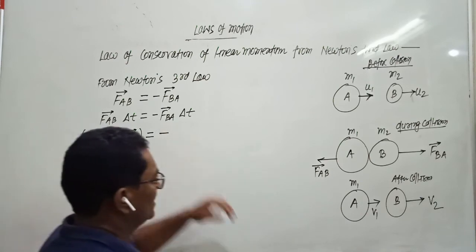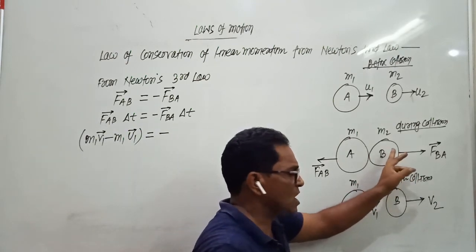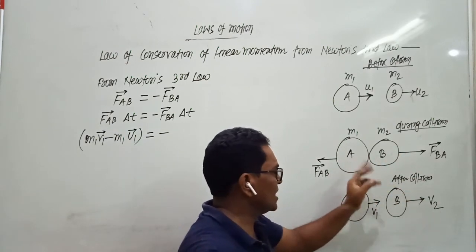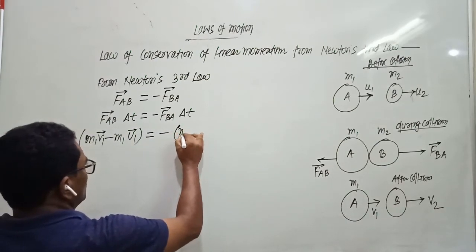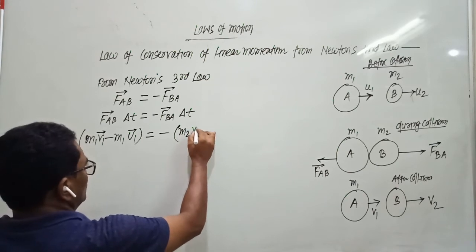FBA means the force acting on B due to body A, which equals m2 v2 minus m2 u2.